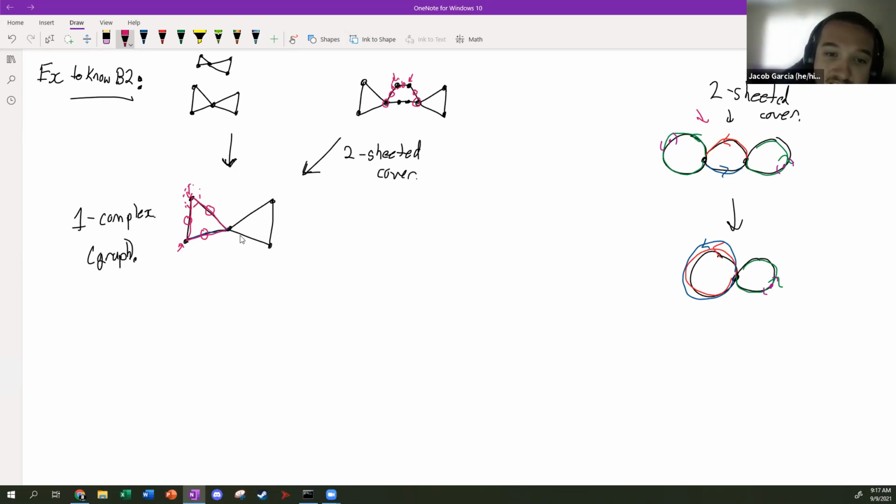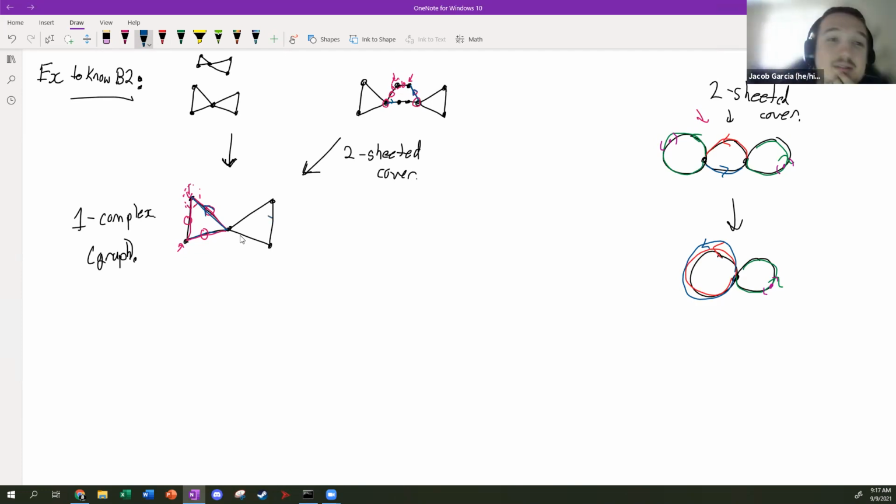And then by unique path lifting, the lift of an edge, since this edge is a path between 2 points, needs to have a lift for every choice of base point. So I need to maintain the number of edges and the number of vertices, or at least be able to write my cover as a simplicial complex that has the right number of vertices.